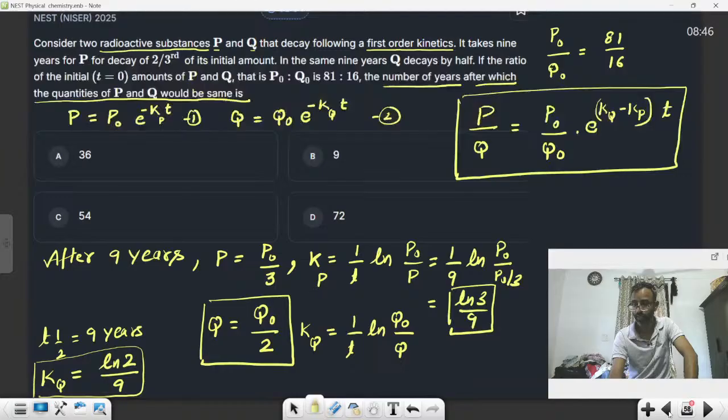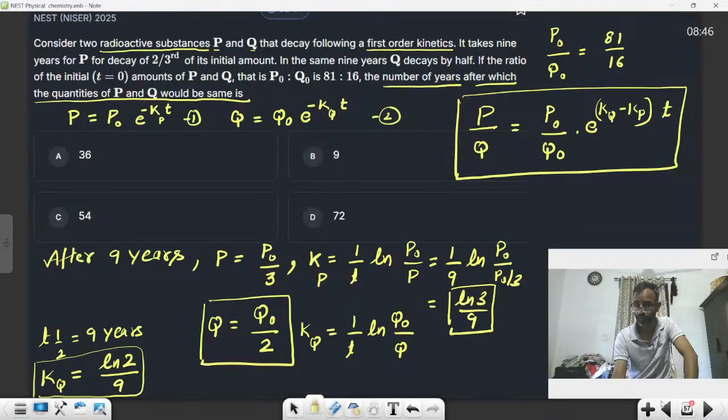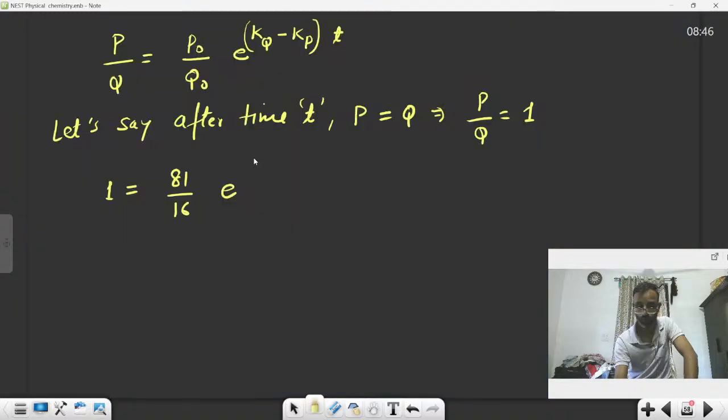So 1 is equal to, what is p naught upon q naught? 81 by 16, and e raised to power kq, that is natural log of 2 upon 9 minus natural log of 3 upon 9 into t.